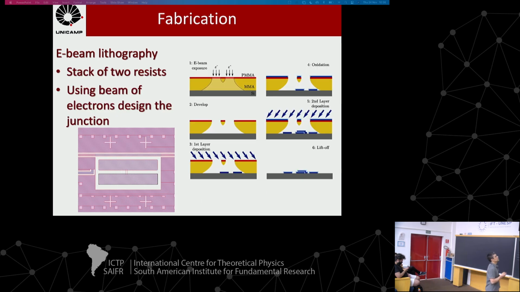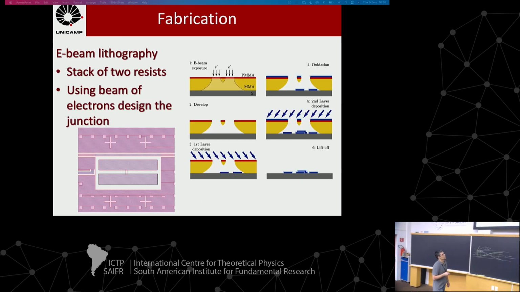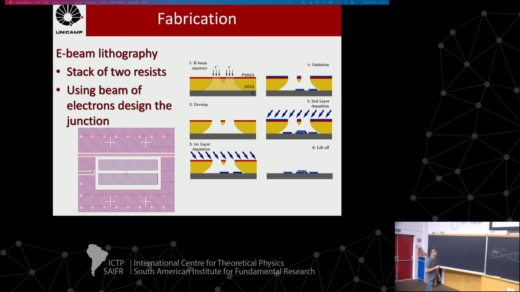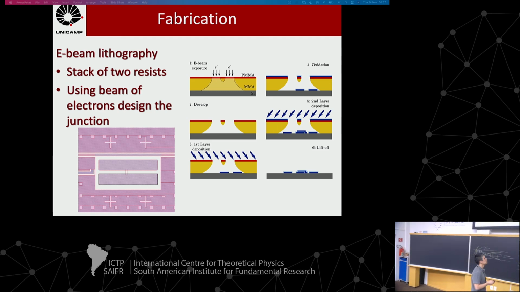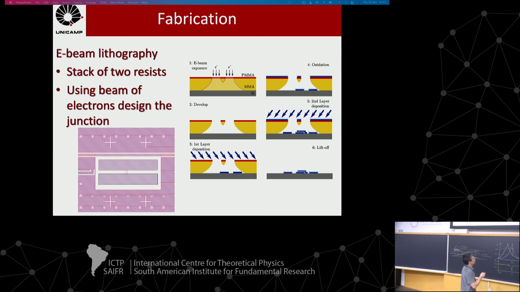Okay. And here is the image showing what the electrons do inside of my system. When I illuminate the sample with electrons here and here, electrons scatter through the polymer. When they do that, they become soluble in water or any other solvent. I remove the polymer from this region.